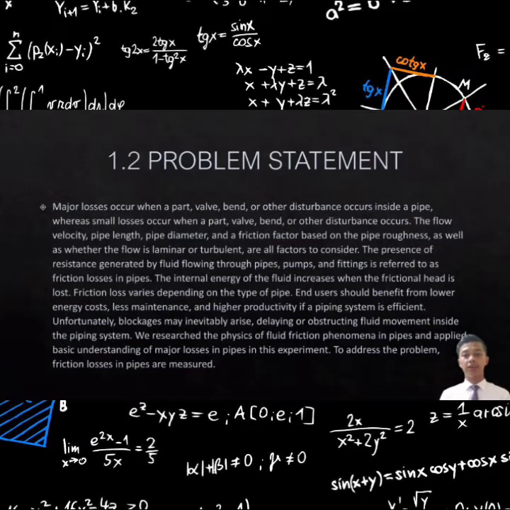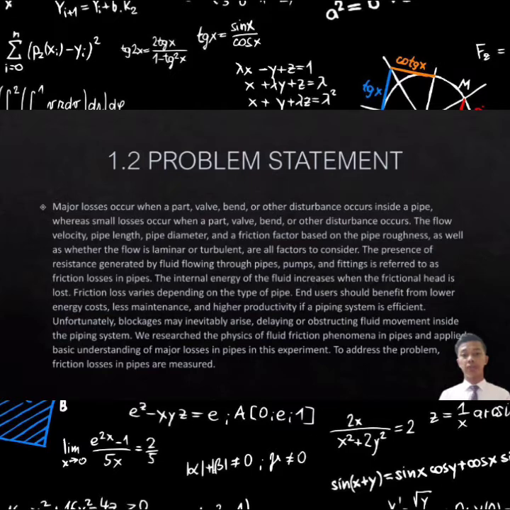The resistance generated by fluid flowing through pipe, pump, and fitting is referred to as friction loss in pipe. The internal energy of the fluid increases when the frictional head is lost. Friction loss varies depending on the type of pipe.